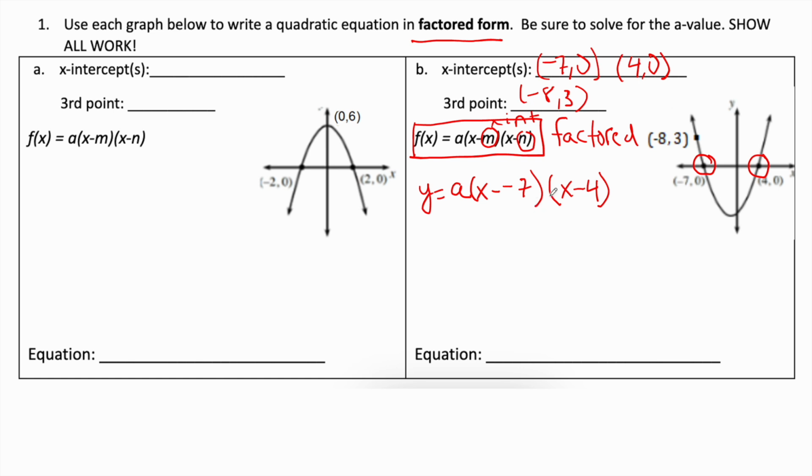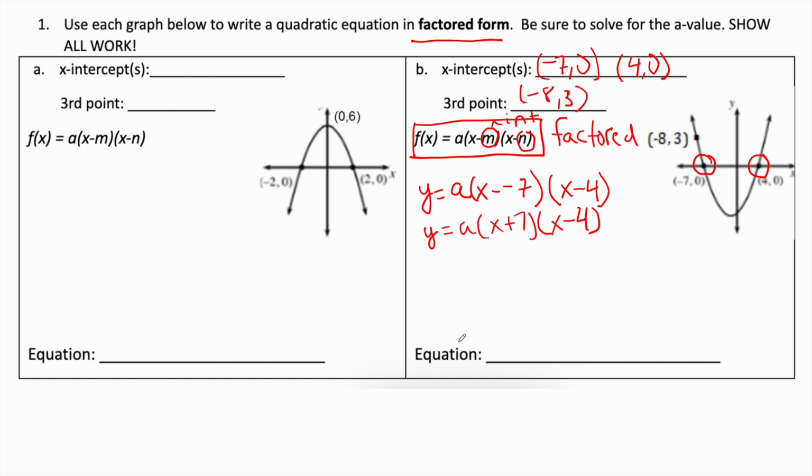They change sign inside the parentheses, so this is really going to change to y equals a times (x plus 7)(x minus 4). If you got to here, I believe that this would get you pretty good partial credit, to be able to get the x-intercepts, and it's almost in factored form.